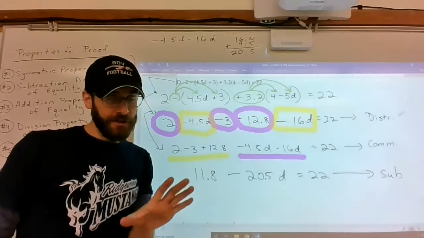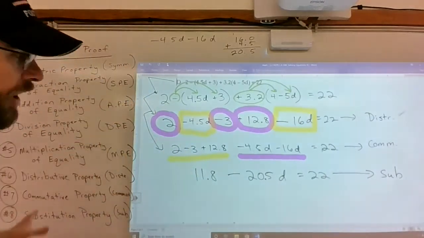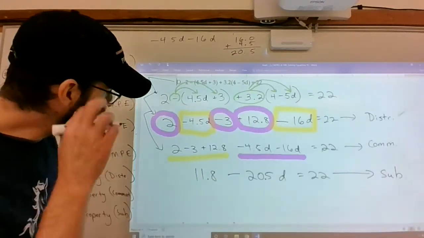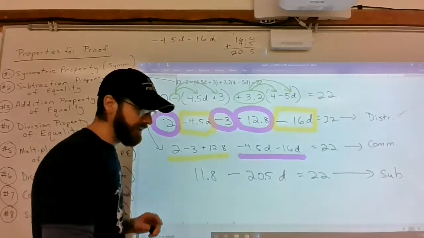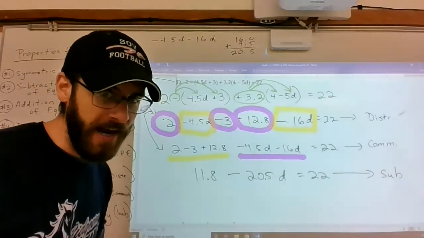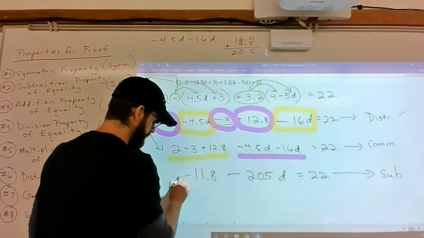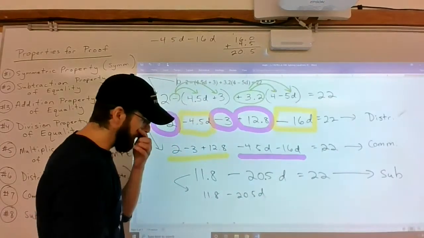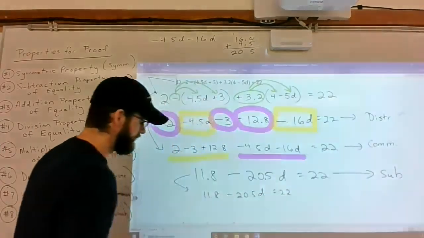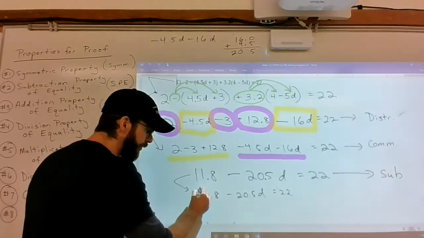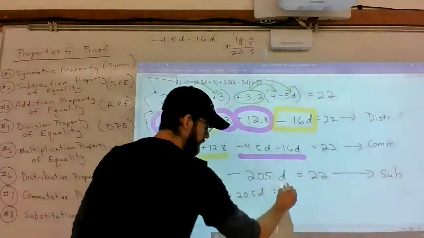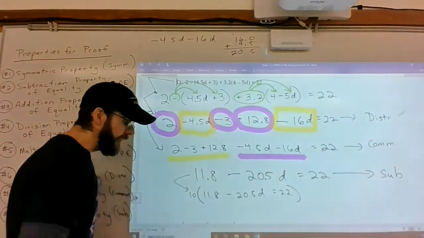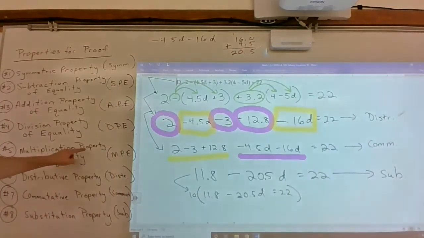Now, here's an interesting trick that we can use from our new properties of equality. If I've got decimals in there and I want to get rid of those decimals, I can do this. I can multiply both sides by 10. So if I use parentheses to indicate multiplication, and I say times it by 10, we can back that up with the multiplication property of equality.